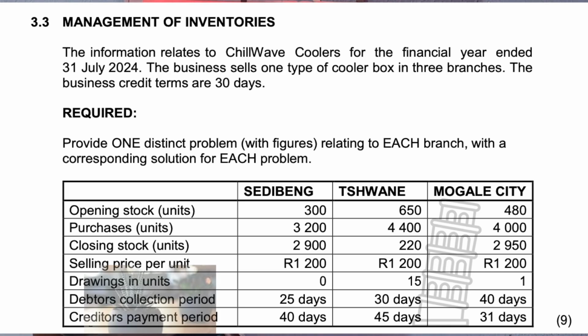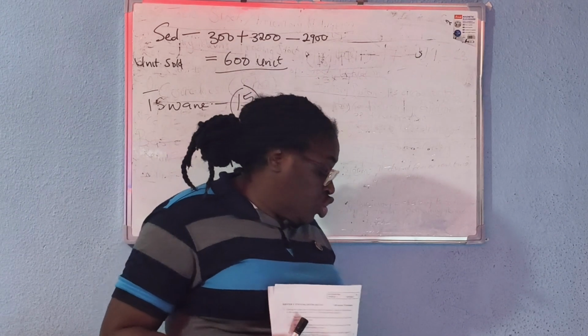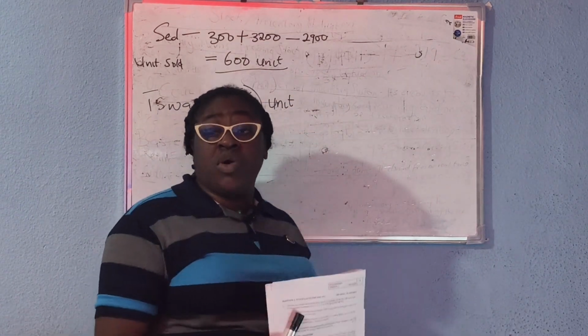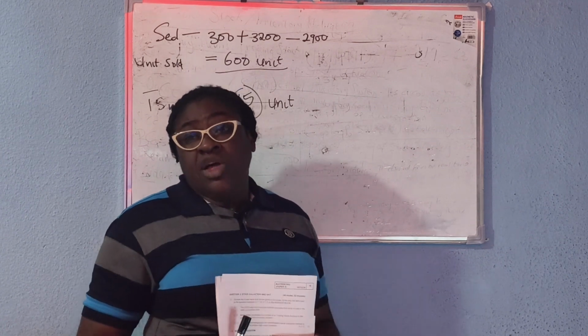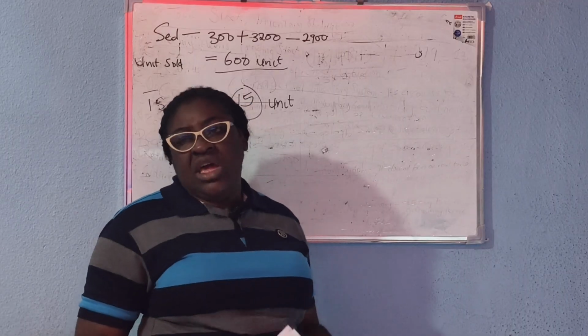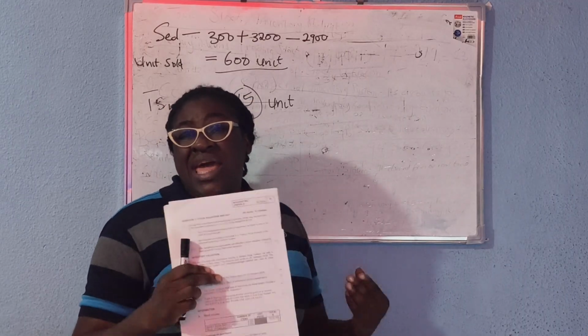The owner of the business took 15 units for his personal use, and that is too much. The solution will be to encourage the owner to have what we call a separate business entity.